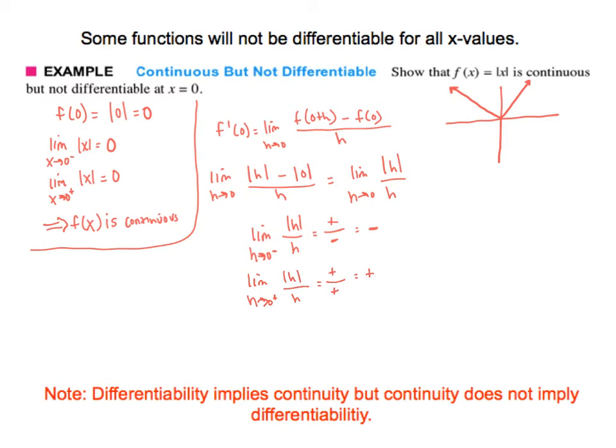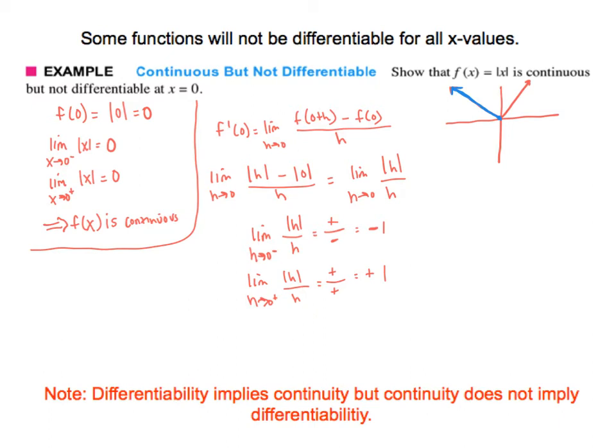So any value that I pick on the left side of this graph that I want to find the derivative at is going to come back with a -1. The slope of the tangent line is always going to be -1 over here because it's a line, right?